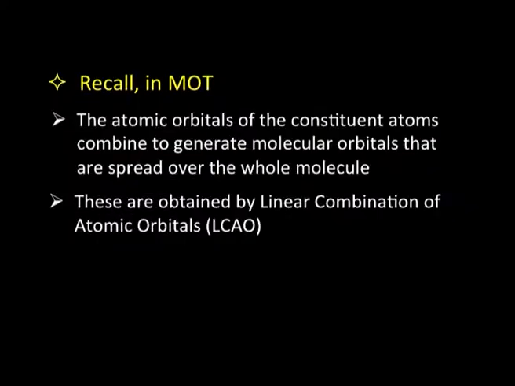The question is, how do we get those molecular orbitals? That is obtained by a linear combination of atomic orbitals, typically called the LCAO approximation. That is, we combine the orbitals linearly and try to get the molecular orbitals. Having got the molecular orbitals, what we do next is distribute the available electrons.